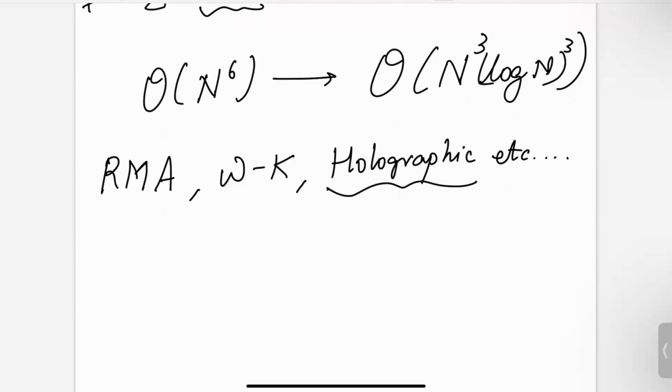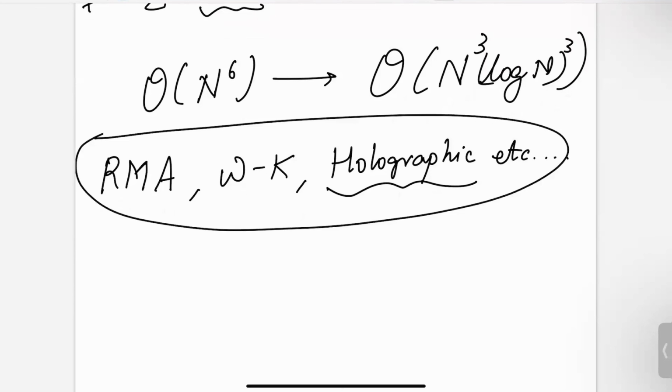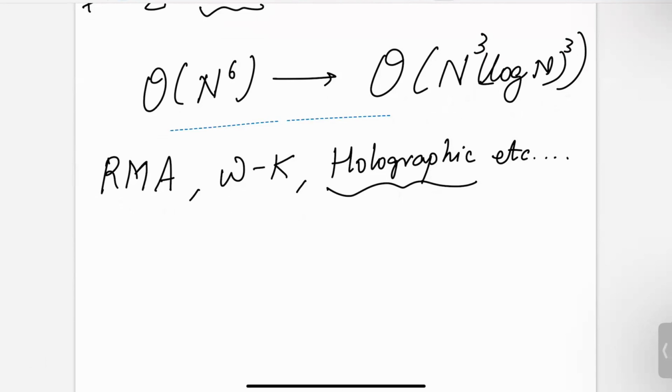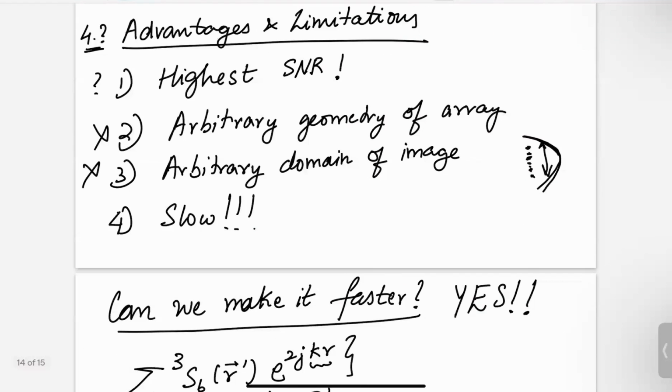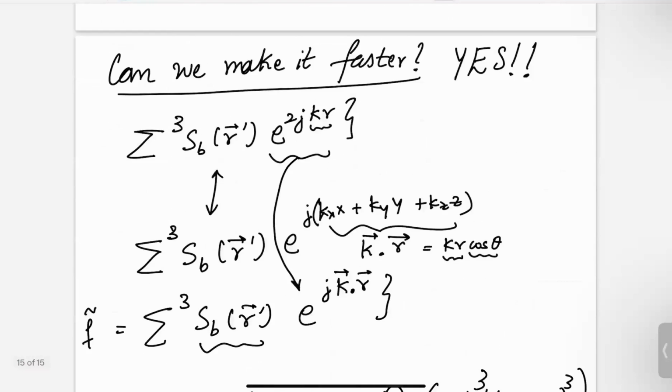So this sort of motivates why these algorithms exist. It's just to speed up the process. But you have to place some restrictions, so you will lose this capability to some extent. Maybe a little bit here, maybe not. We'll see. So you trade off your arbitrariness to get fast reconstruction, right?